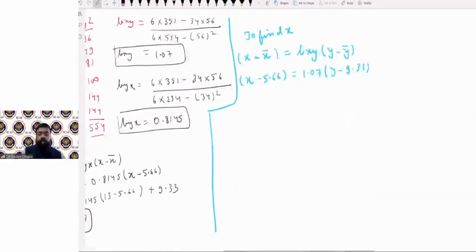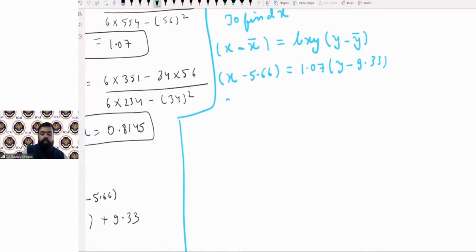Y is 15. So put the value 15. 1.07 into 15 minus 9.33 plus 5.66.